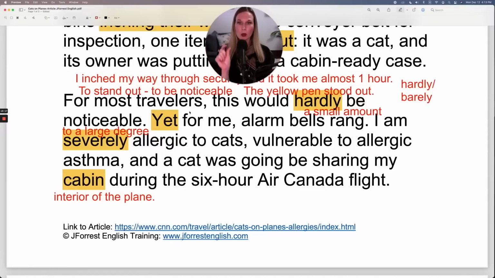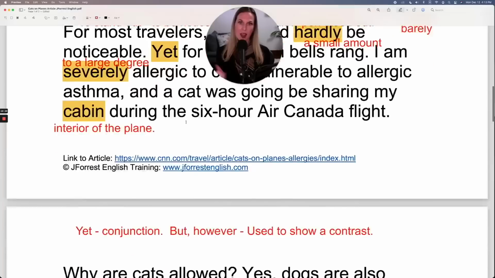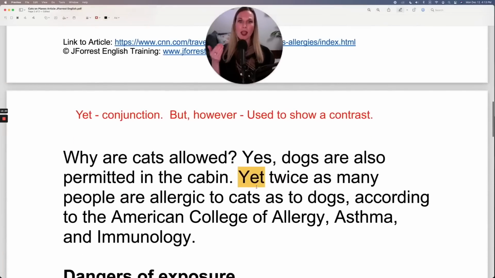We use yet to help us transition from the one contrast point to the other contrast point. So you could equally say, but for me, however for me, yet for me, in this specific context. And it's the same thing here.